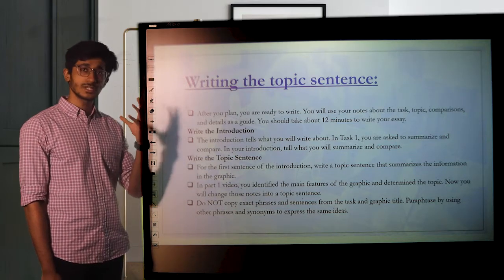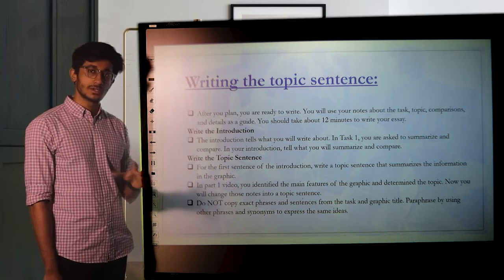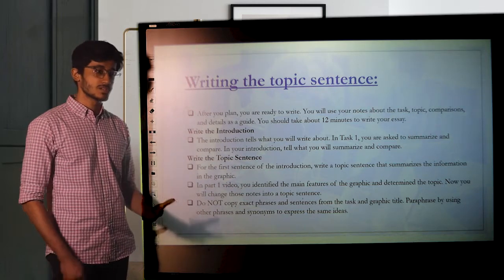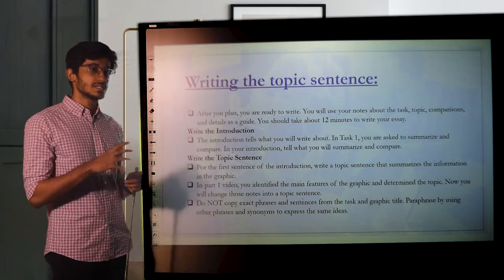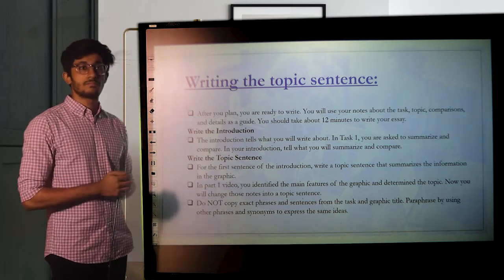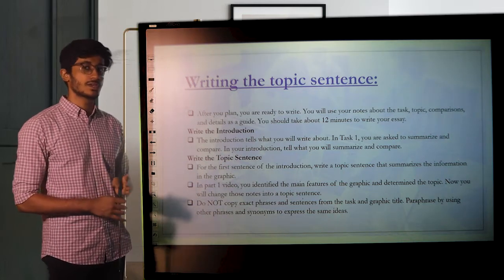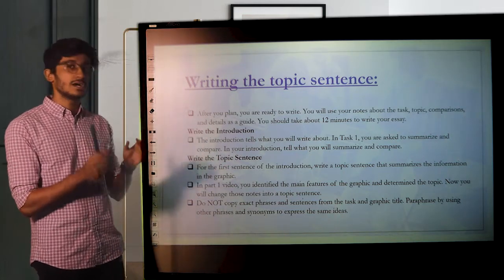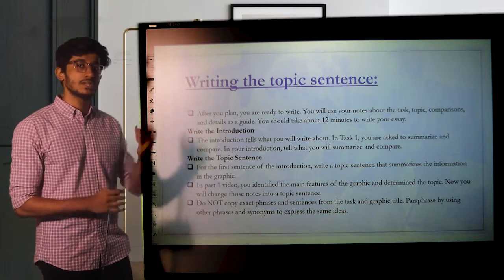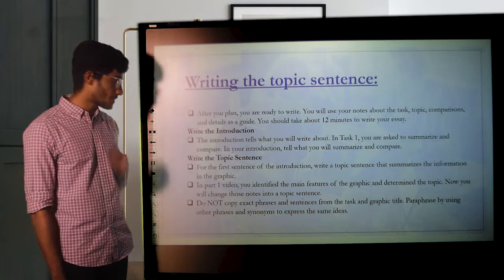So in the introduction, you have to tell your examiner what you are summarizing and what you are comparing. An introduction is a brief sentence of the upcoming paragraph, basically. Whatever you're going to write in the paragraph, you're giving a brief idea of that content in your introduction.